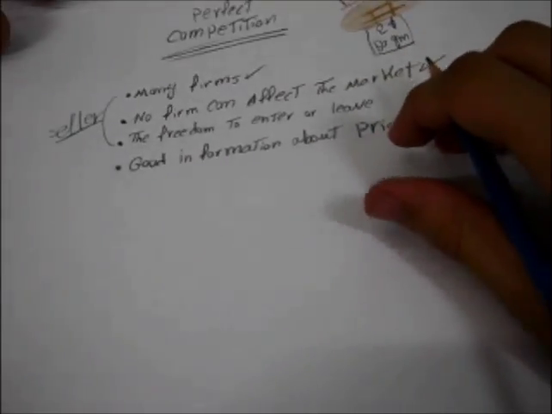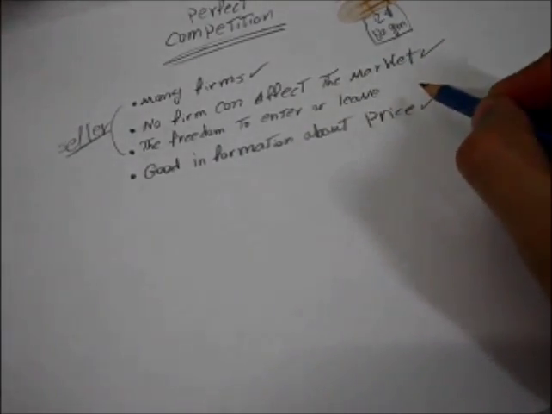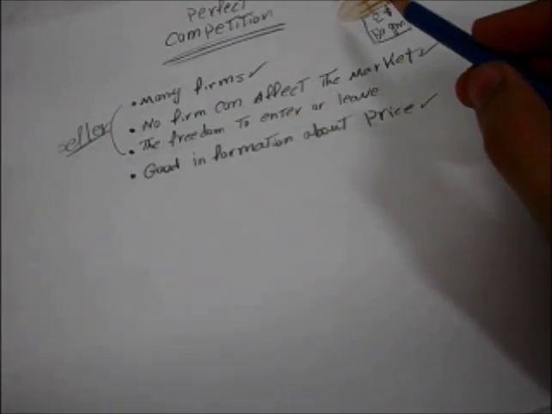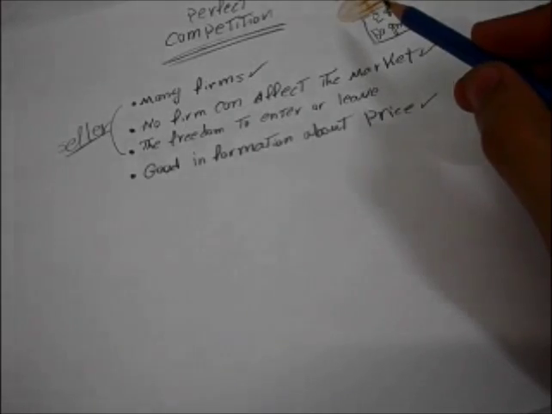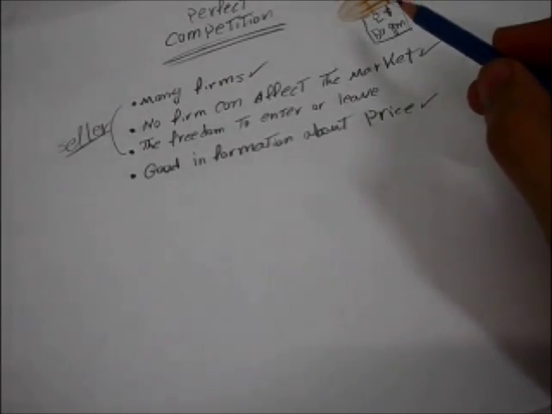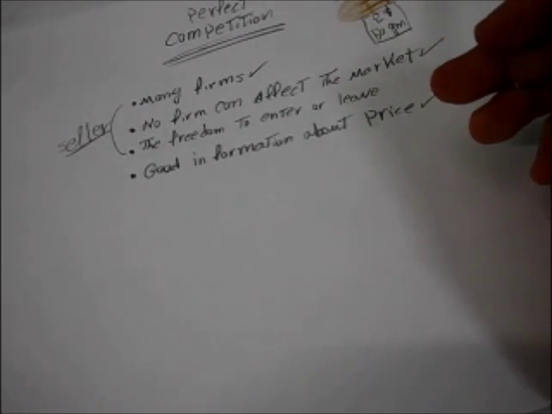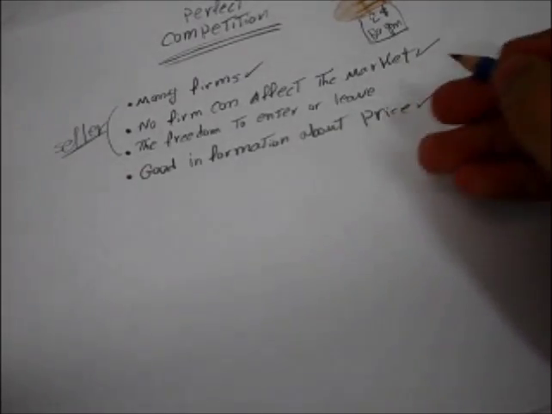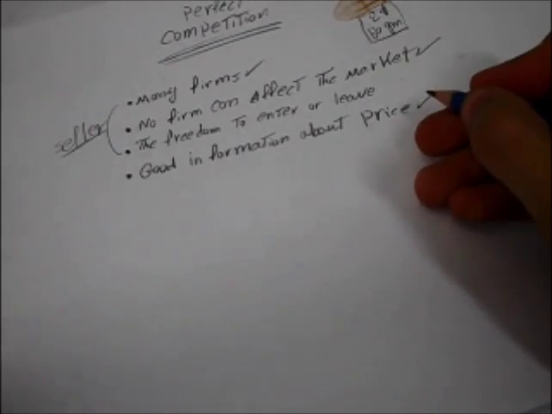How about the third one, the freedom to enter or leave? Well, any seller or any person can enter the market of bread when they see the market is attractive and people are making a lot of profit, so they want to start a new business in bread. It does not cost them a lot of money to start a bread business, so they will enter the bread market easily.